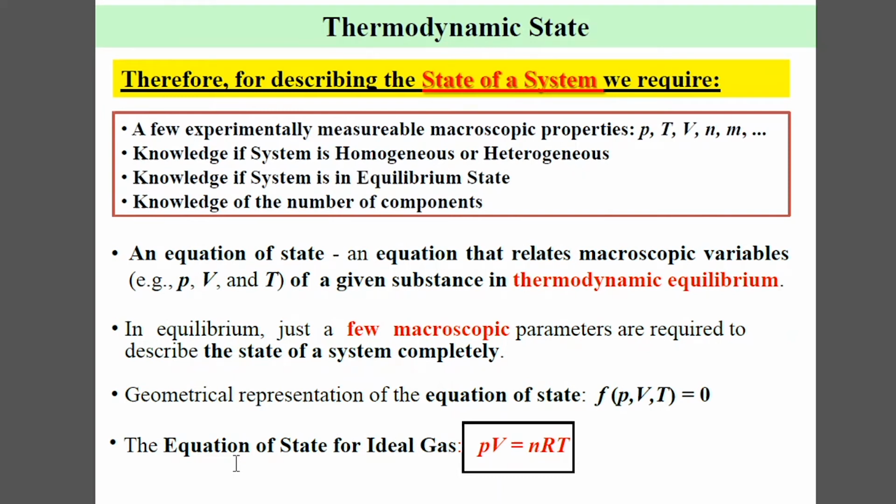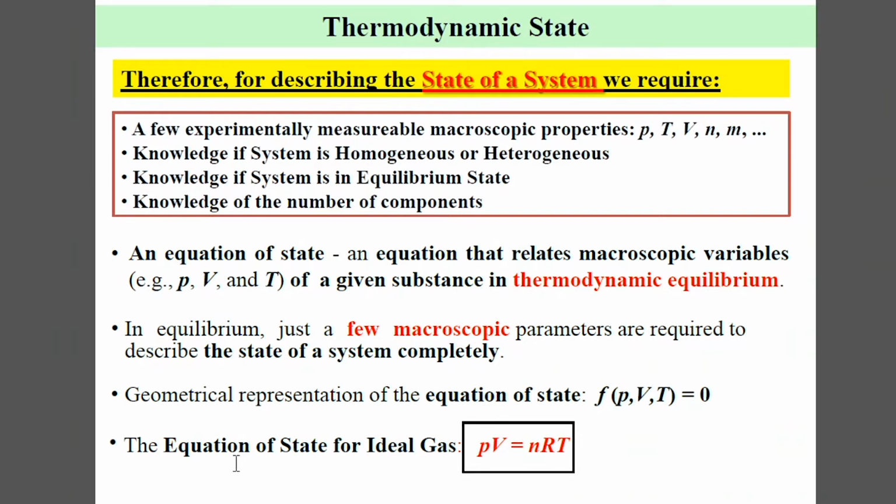Therefore, for describing the thermodynamic state of a system, a few experimentally measurable macroscopic properties are required. Knowledge of whether the system is homogeneous or heterogeneous is required. Knowledge of whether the system is in equilibrium or not is required. And knowledge of the number of components present in the system is required.